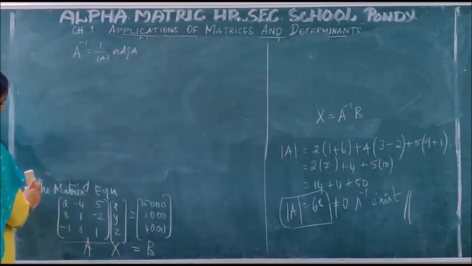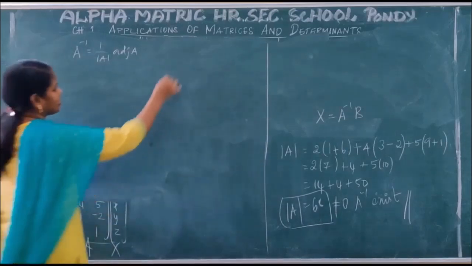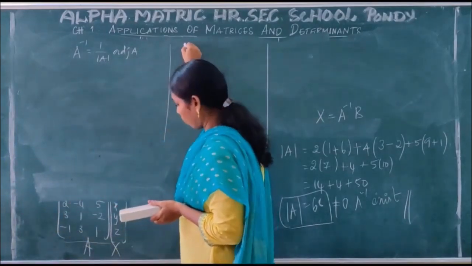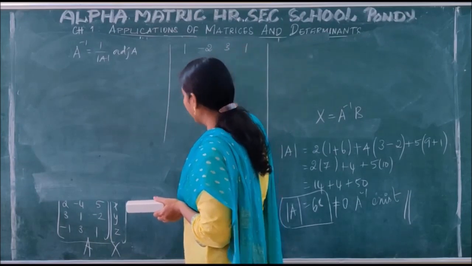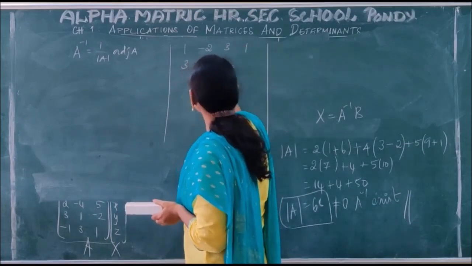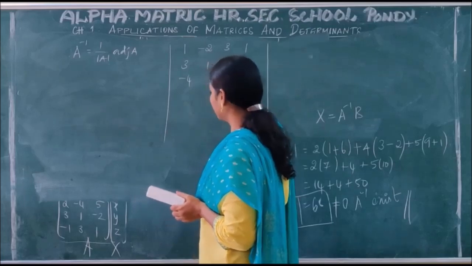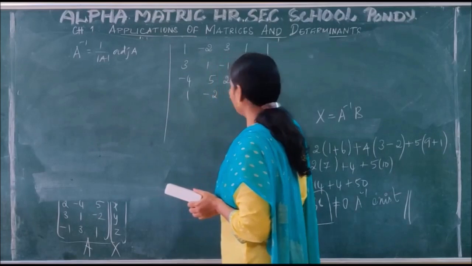So you know what is the method of finding adjoint? Before that, I'll just write it over here, the shortcut method. Now 1 minus 2, 3, 1. Next is 3, 1 minus 1, 3, minus 4, 5, 2, minus 4, 1, minus 2, 3, 1.